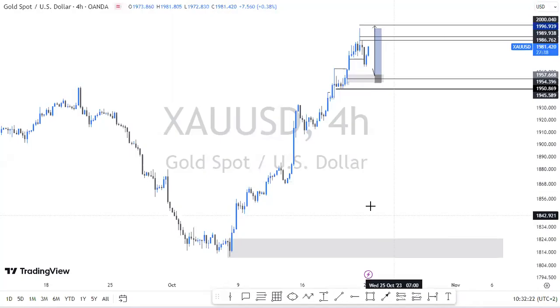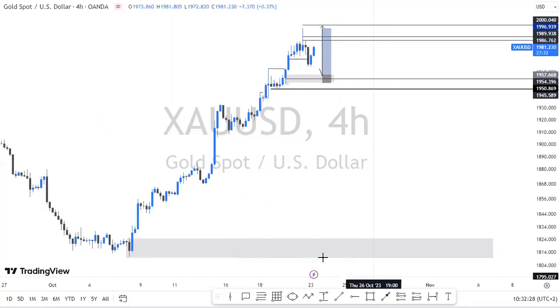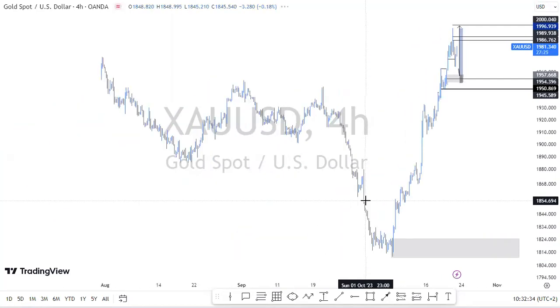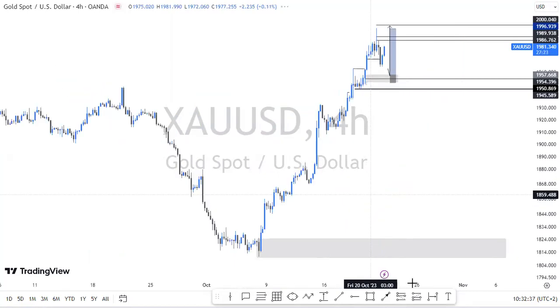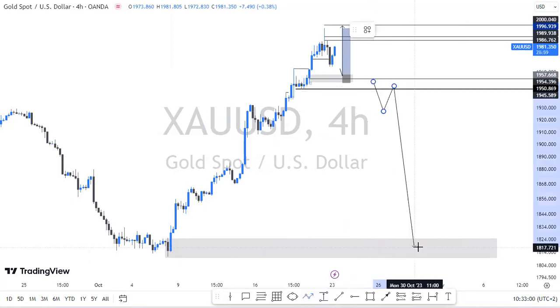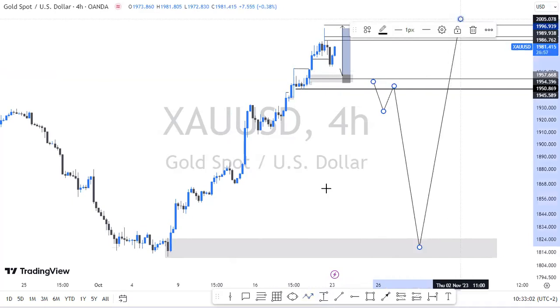Okay, I had paused for a bit there. Now looking at the 4-hour, this very nice demand zone will always make a great buying area, provided that gold actually breaks below this particular low, something like this, which is what I'm anticipating.